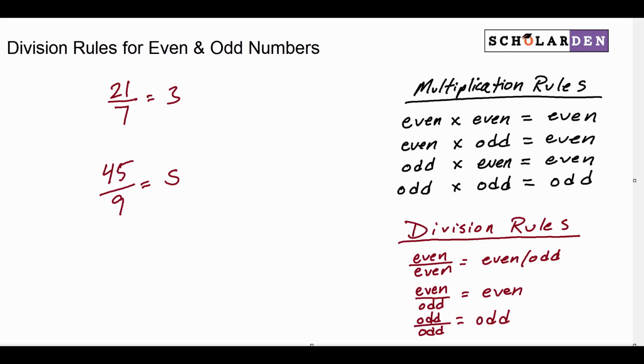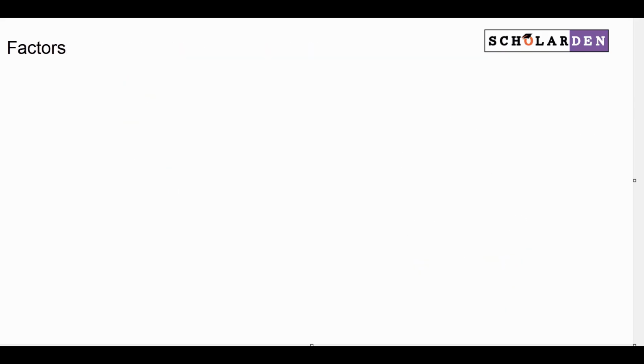All right, now let's talk about something called factors. The factors of a number are numbers that divide into it evenly. So for example, what are the factors of 12? I'll just write the word factors up there first. So the factors of 12 are the numbers that divide evenly into 12.